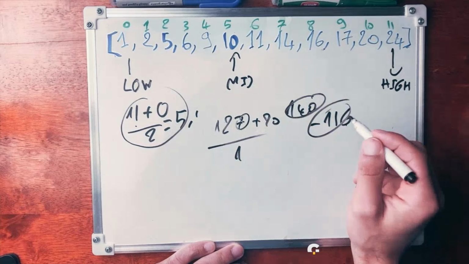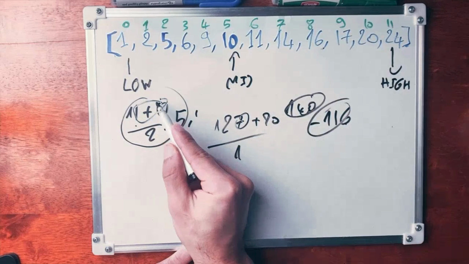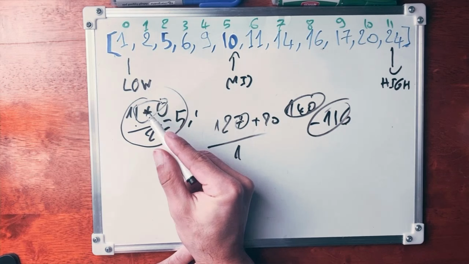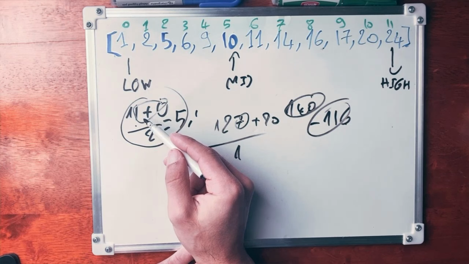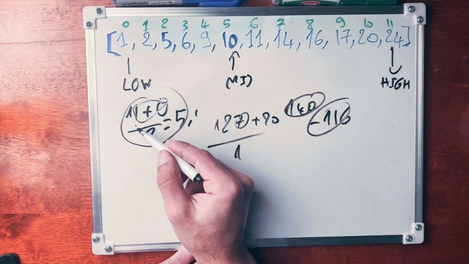To avoid that, you can extract this to its own function and check whether you are overflowing or not, which is a valid option, but the most obvious one is this one.